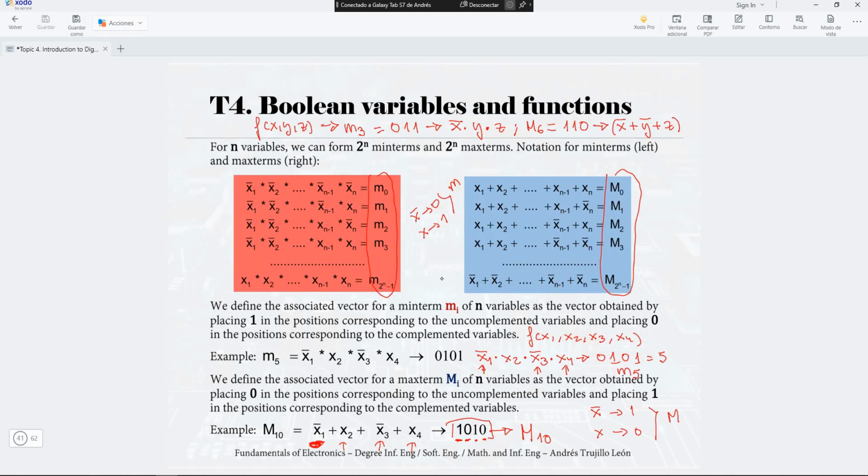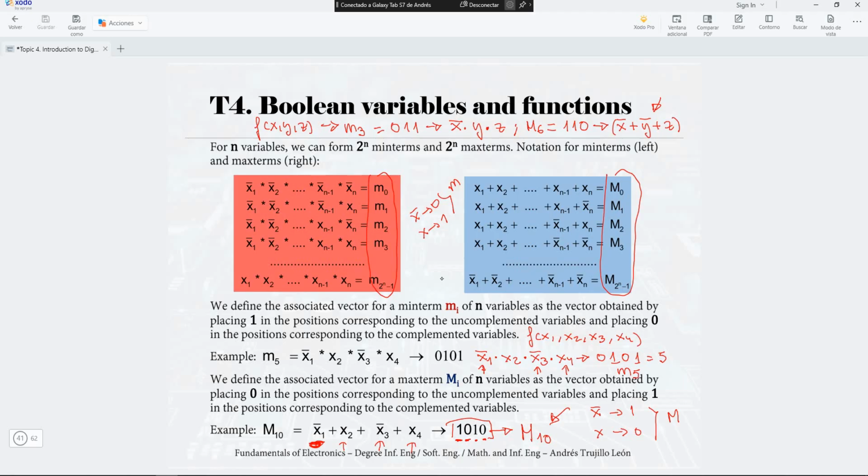So this is the max term 6, applying the equivalence. So you should know how to make this conversion, okay? If I tell you min term or max term 6, 7, whatever, you have to know how to express its algebraic representation. I think this is easy as well.